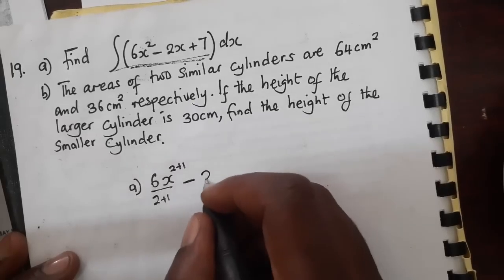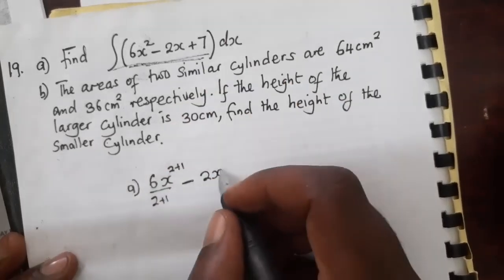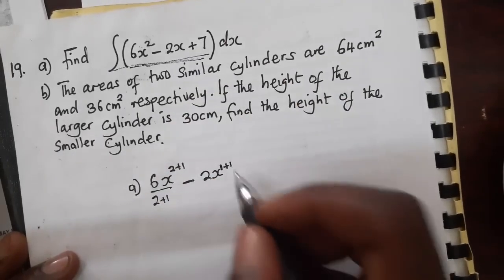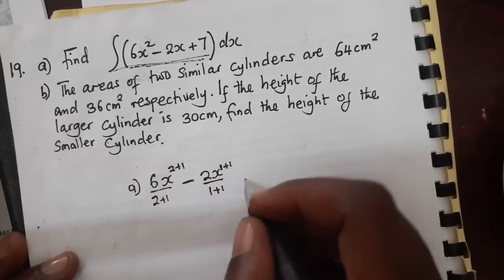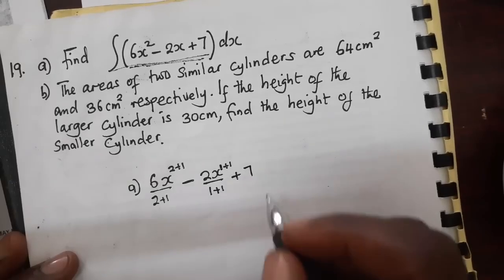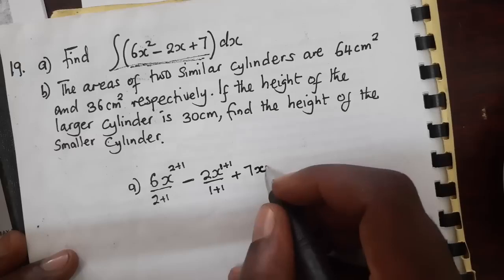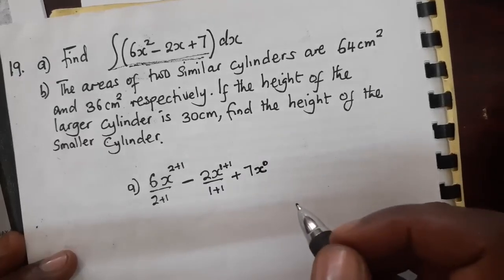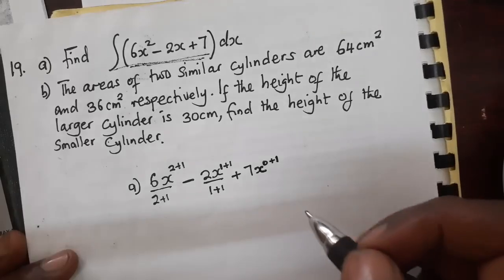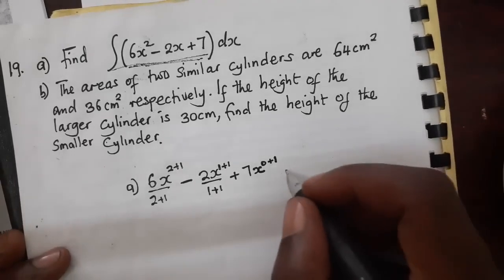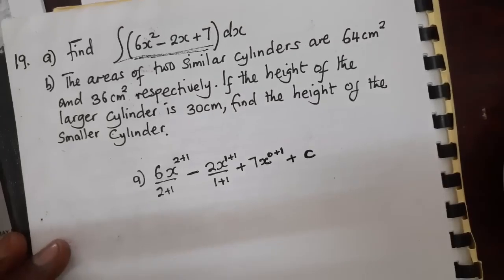So minus 2x. Now, bear in mind that on this part here, we have a 1. So we add another 1 over 1 plus 1, plus 7. Now, on this 7, it's like we have an invisible x, which is raised to the power 0. Okay? So now, at this point, we need to add a 1 here. Okay? From here, we add a constant. All right?